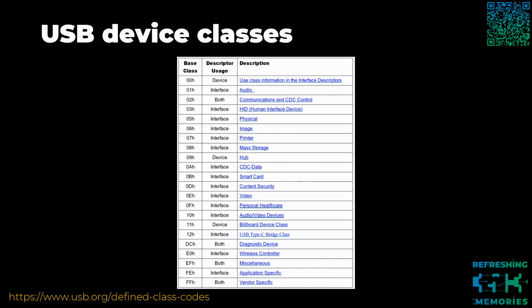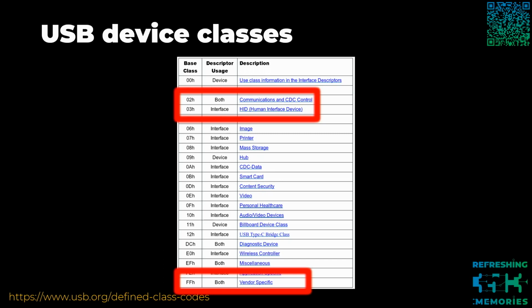You might know that USB classes are pretty familiar to every developer or reverse engineer. There are plenty of various classes described in libraries. The most common for ATMs are human interface device and vendor-specific.